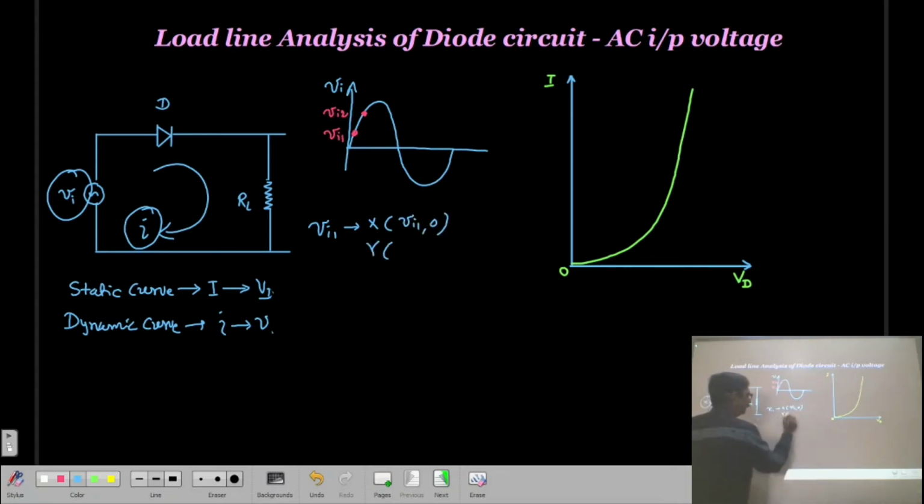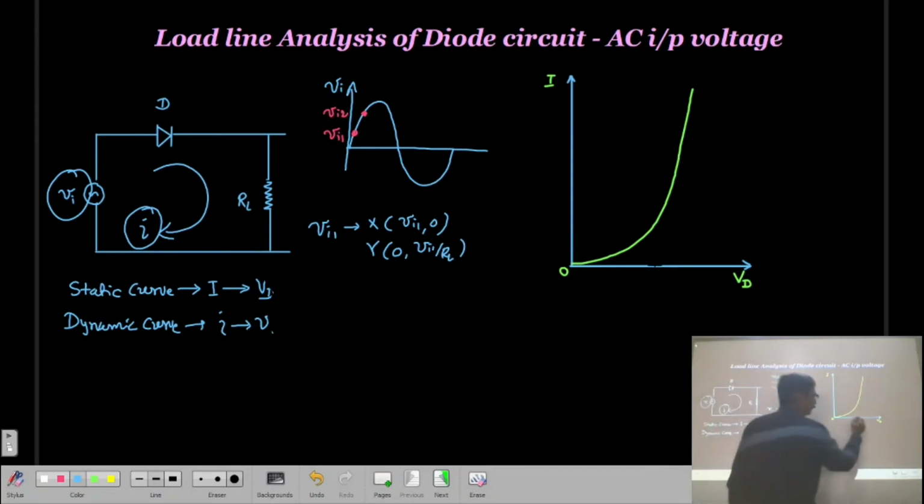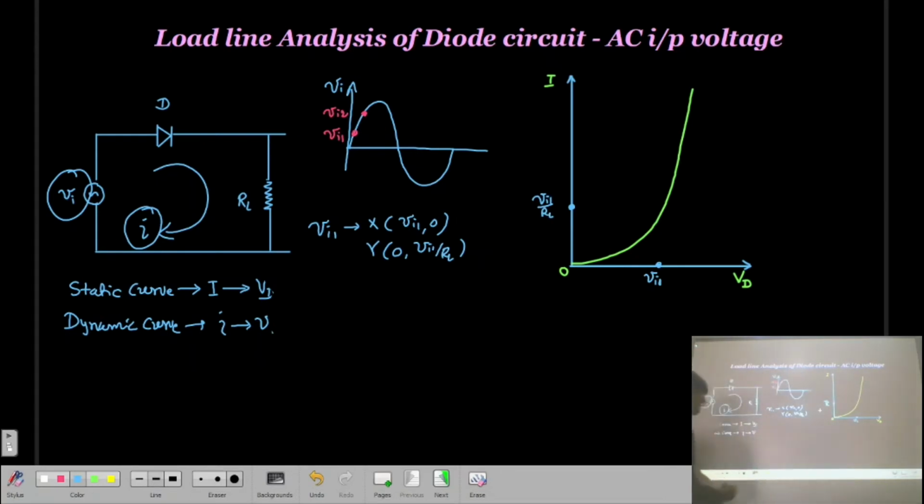The y coordinate will be 0 and Vi1 by Rn. So somewhere here we have this value Vi1, and somewhere here we have Vi1 by Rn.